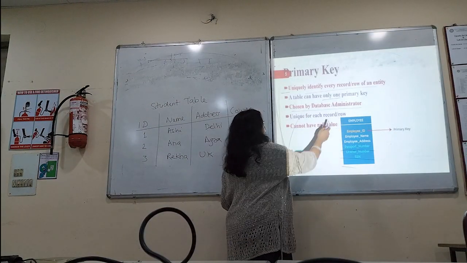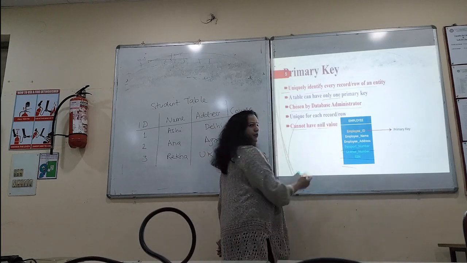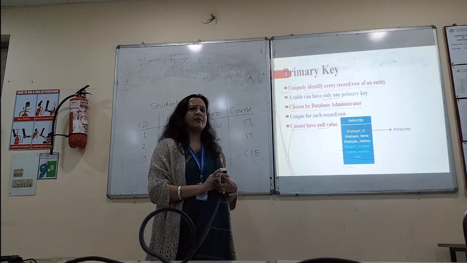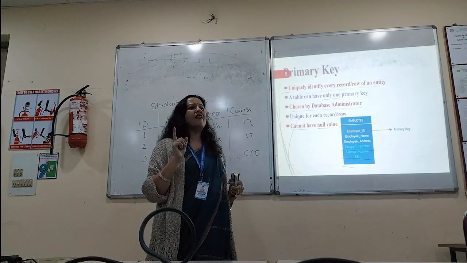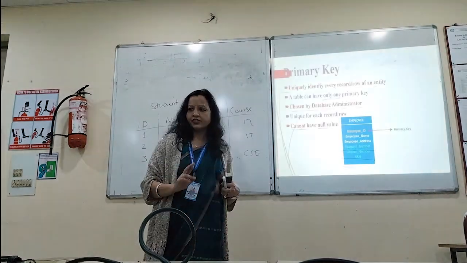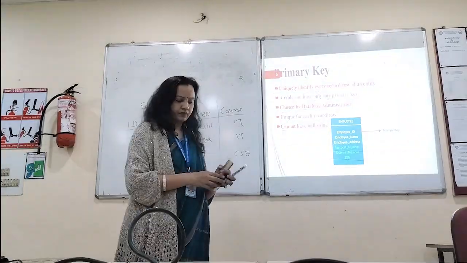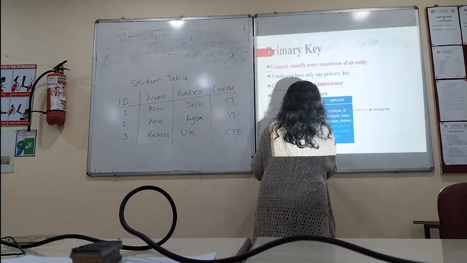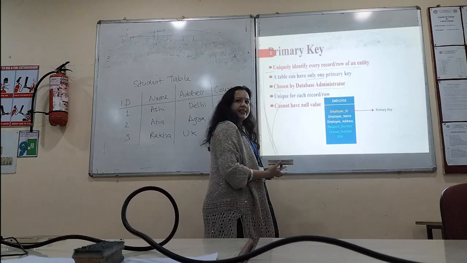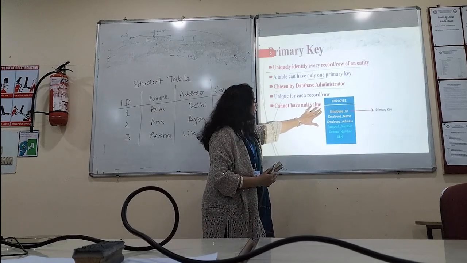So going back to the slide, this is chosen by the database administrator and it should be unique for each and every row, and the most important thing is it cannot have a null value. That means if we are making our attribute a primary key, there should be some value for that. It should not be null or empty, right? So here in this example, employee is the entity and we have employee ID as the primary key.